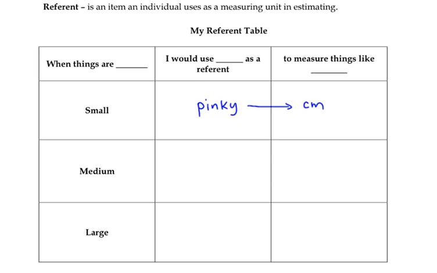Write as big or as small as you want. What else could we put in there? Something really, really small. Your fingernail. What is that? A millimeter.